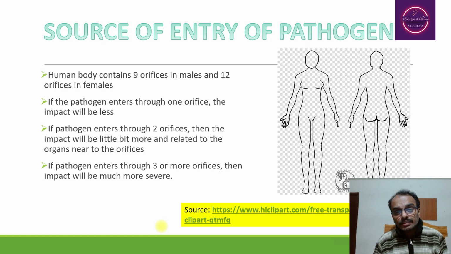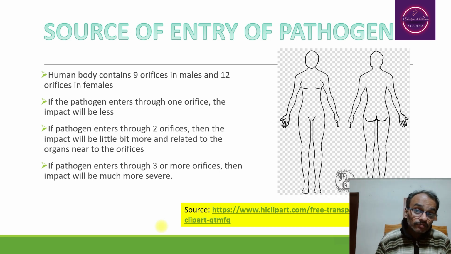The human body contains 9 orifices in males and 12 orifices in females. The 9 orifices in males are 1 mouth, 2 nostrils, 2 eyes, 2 ears, and the anus and urethra. Whereas in females, the above 9 orifices plus 1 vagina and 2 breasts. These are the 12 natural orifices that can be seen in the human body.